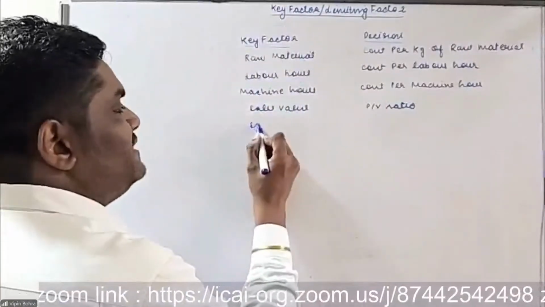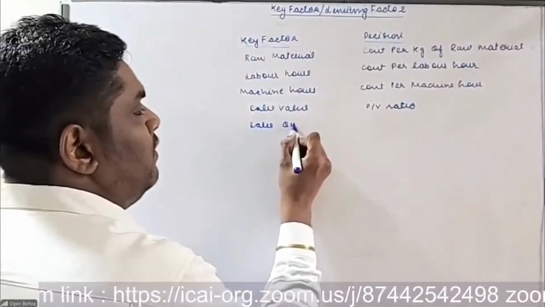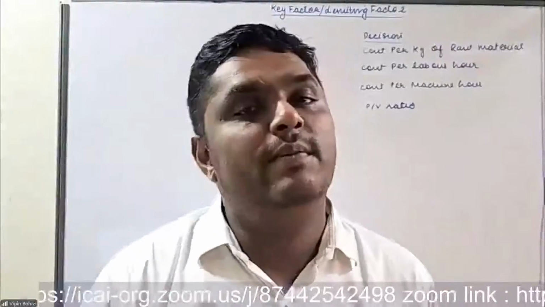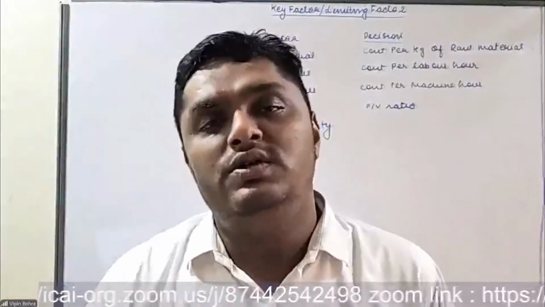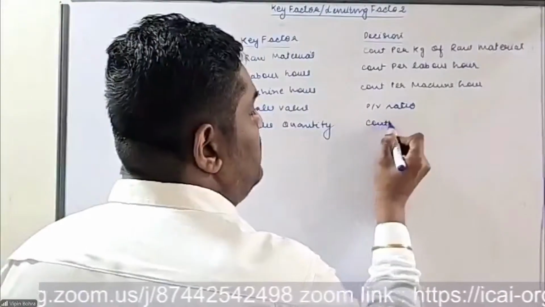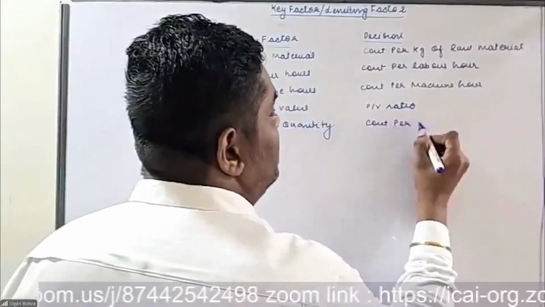Further, if the sales quantity is my key factor, that is, I can't manufacture and sell more than X number of units, be it 20,000, 30,000, 50,000. So herein in this case, contribution per unit will be the decisive factor.